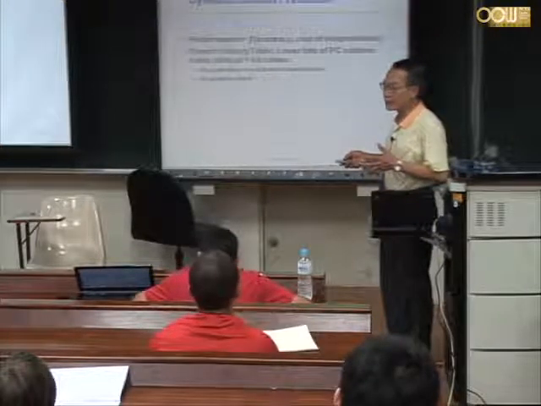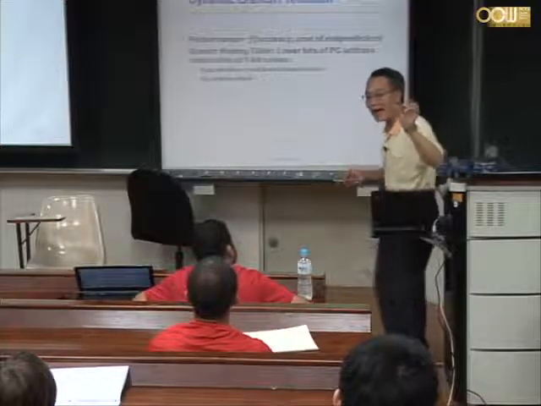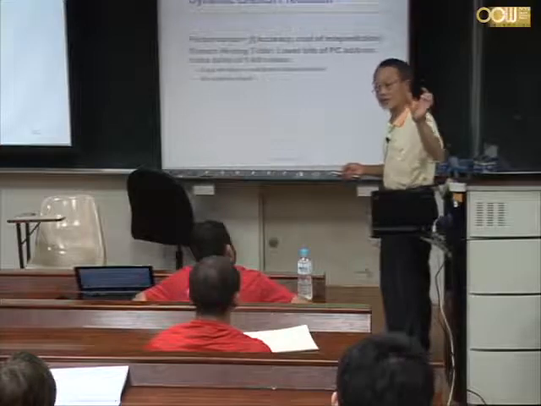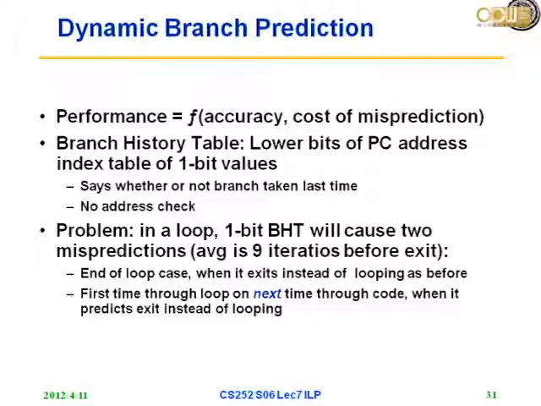And whenever there are not sufficient locations, tags will be needed. So we use lower bits to index into the table. If that's the scheme we use, then the higher bits will become the tag. Suppose the information we keep is a 1-bit value, indicating whether last time we encountered this branch, it branched.